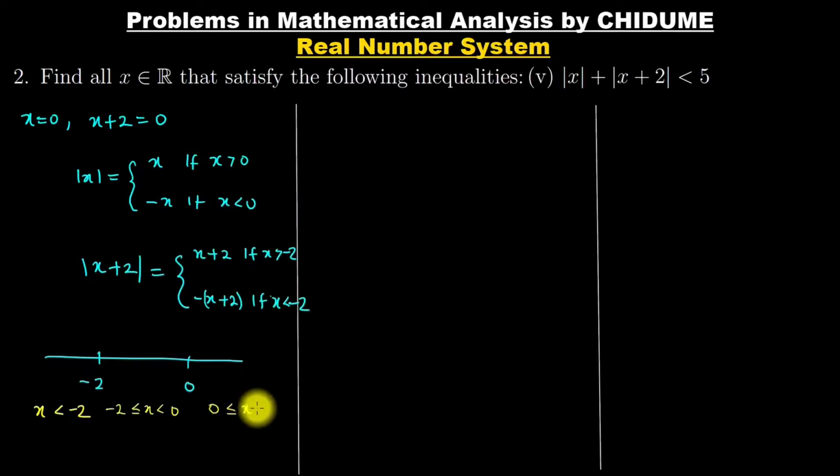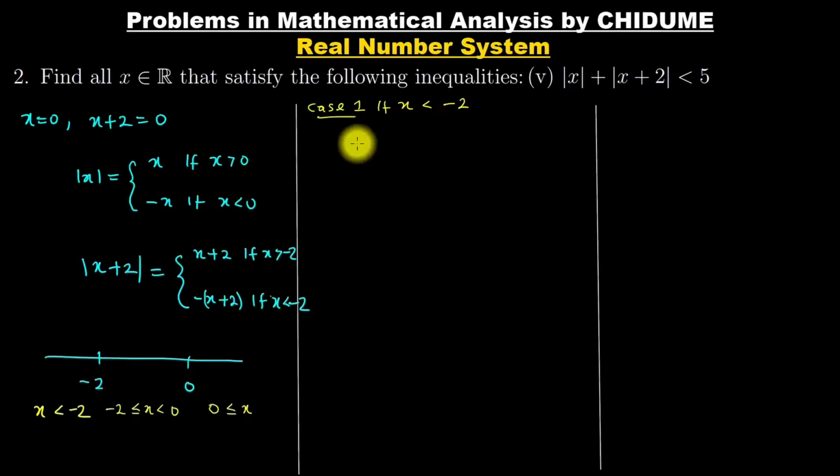Okay, so for the first case, we are considering the interval when x is strictly less than negative 2. So what happens?